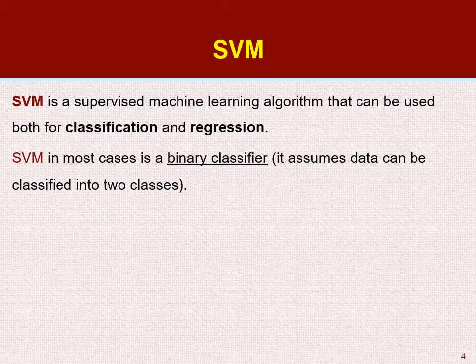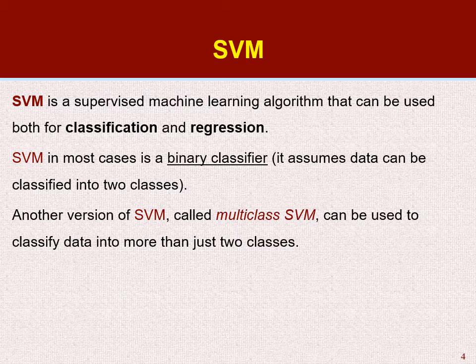SVM in most cases is a binary classifier, meaning it assumes data can be classified into two classes or two categories. Another version of SVM, called multi-class support vector machine, can be used to classify data into more than just two classes.